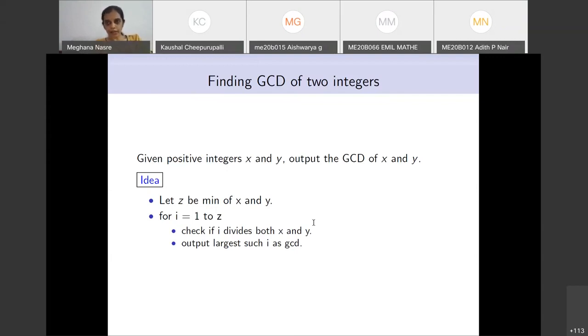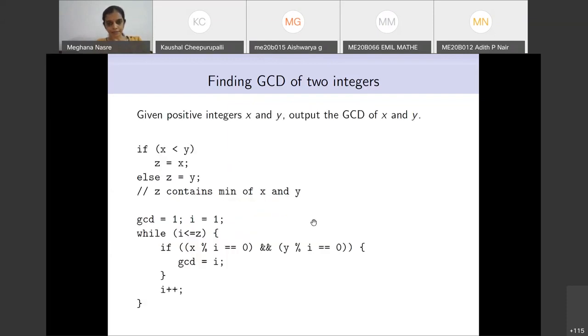So this is a correct algorithm or correct idea, and we could have written this down from z to 1. We said that if you write it down from z to 1, you must break the first time you get the divisor, and that will turn out to be better in some of the cases, but not all, as we will see in the large inputs that we were testing in the last class.